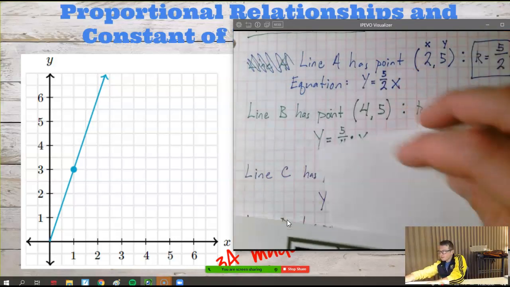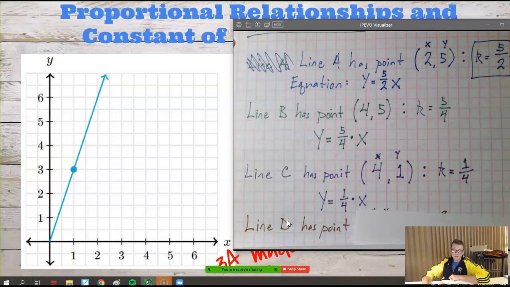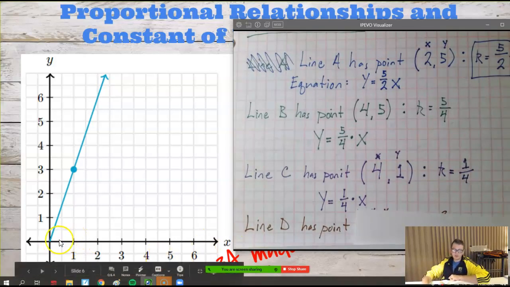We pick a point. Careful, now our boxes aren't worth 1. Now every 2 boxes is worth 1. So first thing you want to do is write down what the point is.